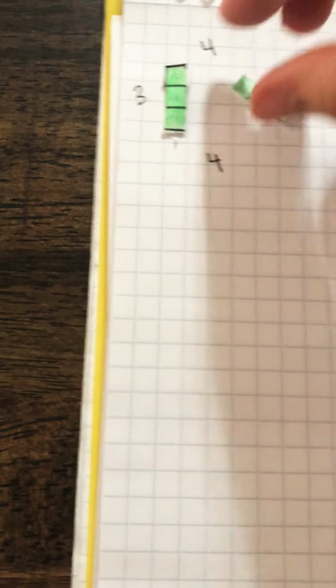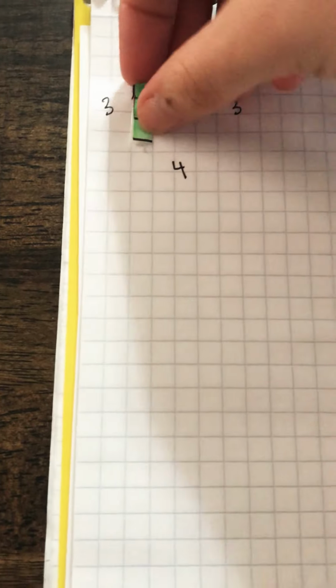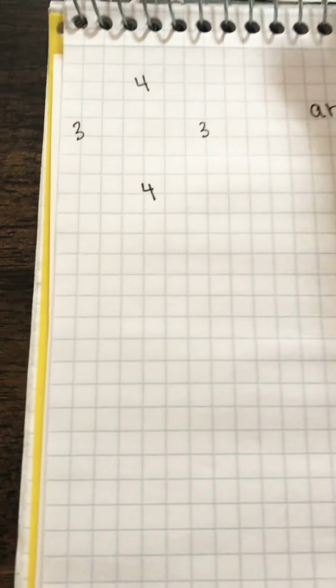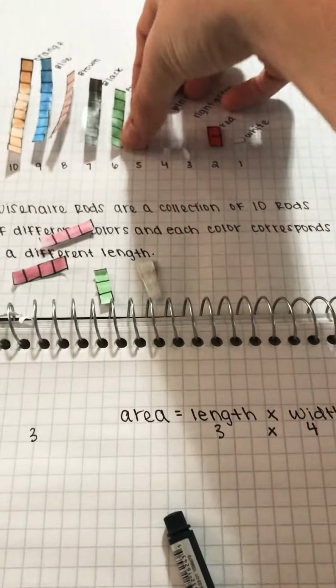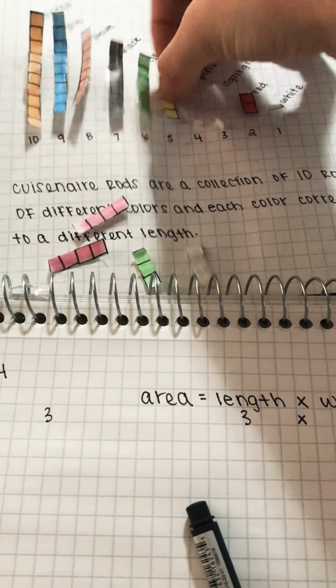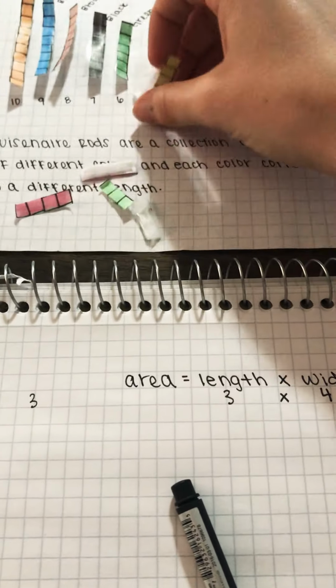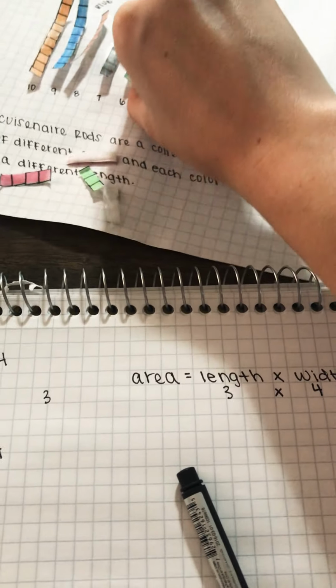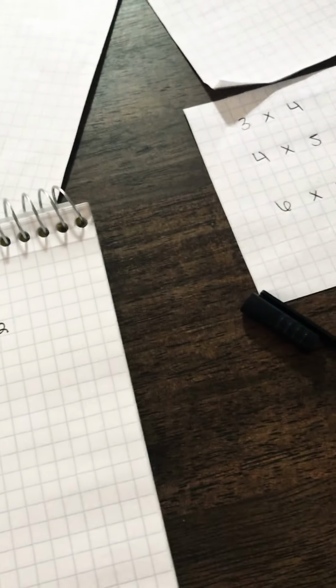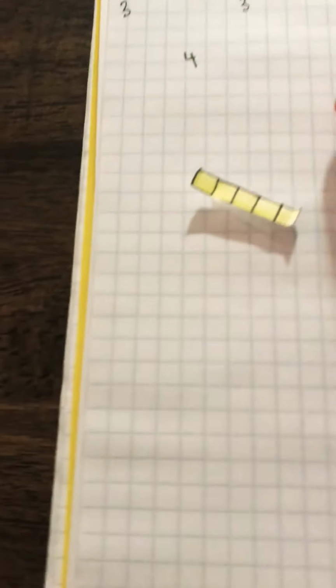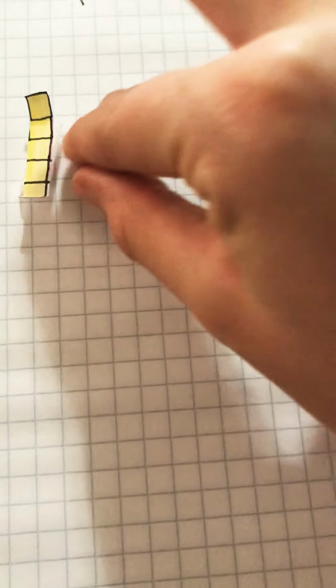We can take these off. So our next one is going to be 4 times 5. So I need to grab my 5, which is the yellow, and my other 5. And so we're going to go ahead and put this 5 down.